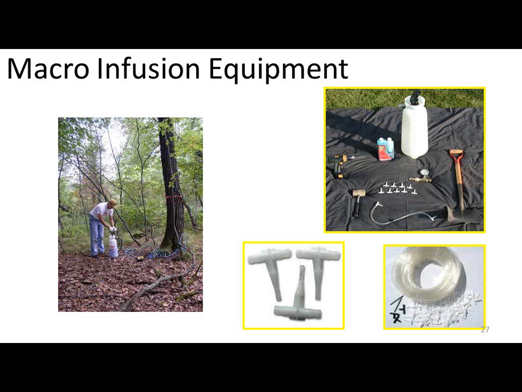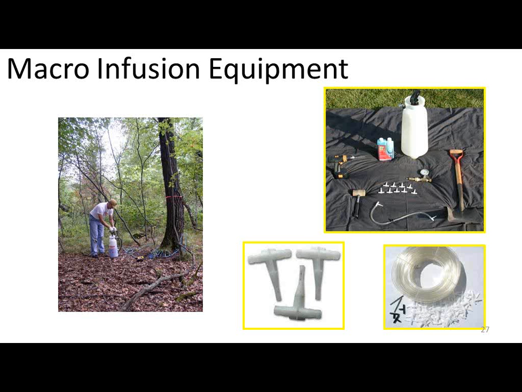In oak wilt macro-infusion treatments, depending on the size of the tree, soil moisture, the uptake of the tree, and the health of the tree, typically you can get product into a tree in a half hour to an hour or less. Sometimes it can take a little bit longer, especially if you have stressed trees or very large trees.